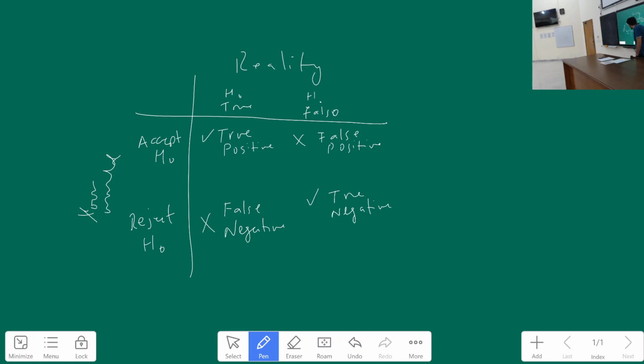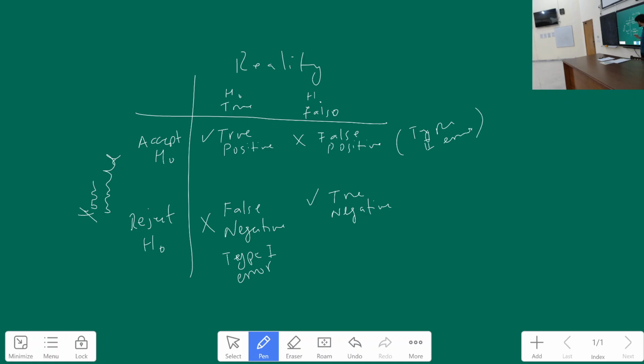But we have a name for these. This one we call type 1 error. Of course, these two are errors. These two are correct conclusions. This is called type 1 error and this is called type 2 error.